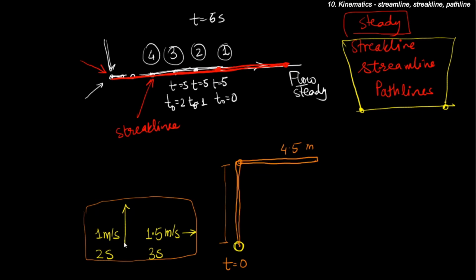But now let us inject a bunch of particles successively at this particular point. For 2 seconds all the particles are injected at this particular point. So all the particles will move along this line.